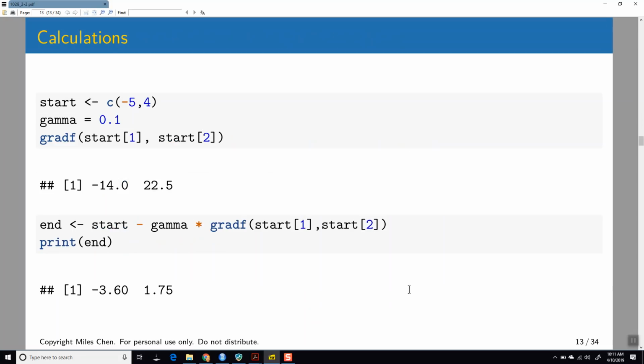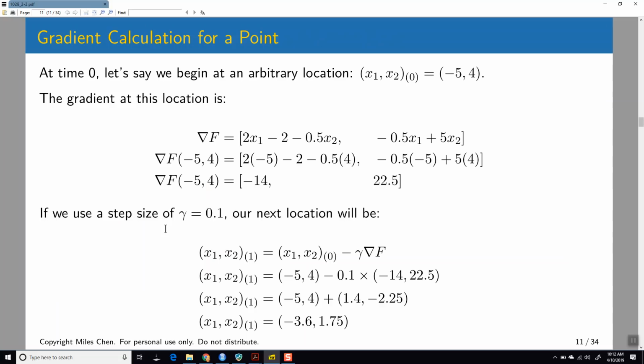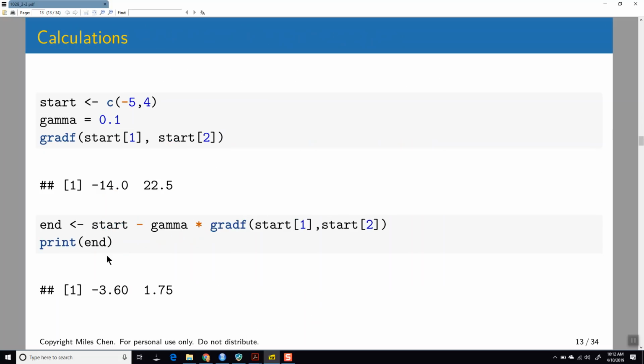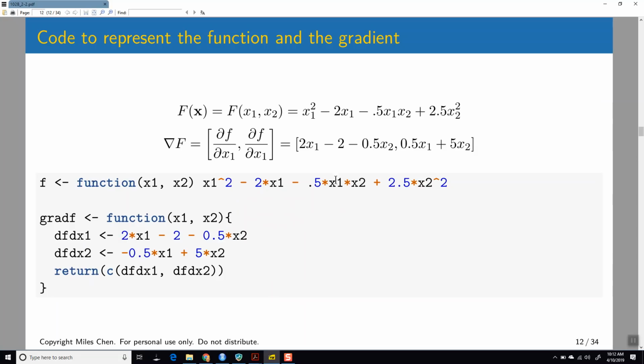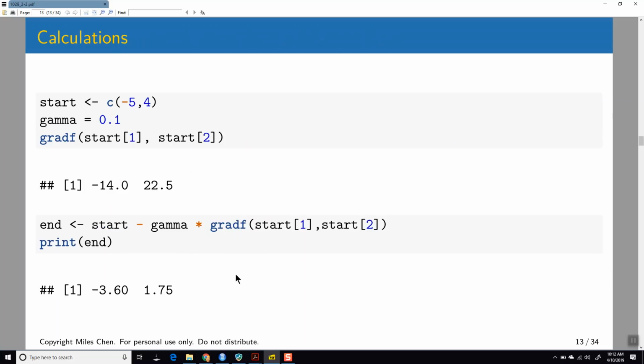And then if I take our starting location and subtract off the gradient times the gamma, which is 0.1, indeed we get what we found to be -3.6 and 1.75. So this is just a matter of typing exactly what we have here into a function. And then now I'm applying this.